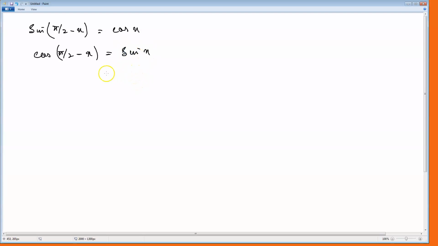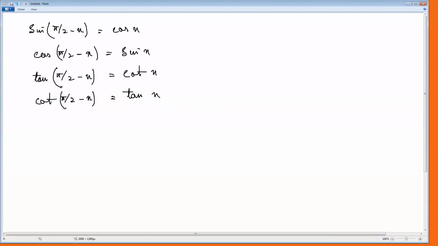And we have the tan of pi by 2 minus x, which is equal to cot x. And we have the cot of pi by 2 minus x, which is equal to tan x.